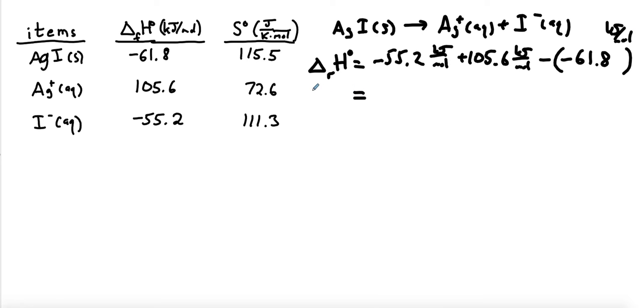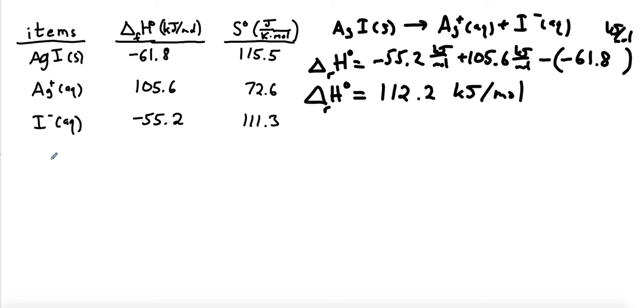And when we plug all this in, we get that the delta H for this reaction is going to be a positive 112 kilojoules per mole. And notice that this is a positive number. It's an endothermic reaction. And this answers the question, why is silver chloride so insoluble, or silver iodide, why is it so insoluble? We've got this giant enthalpy of reaction that's positive that we've got to overcome to dissolve this salt.